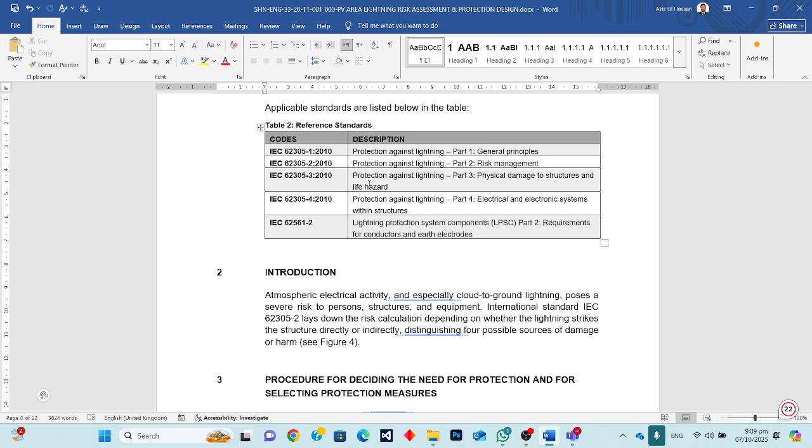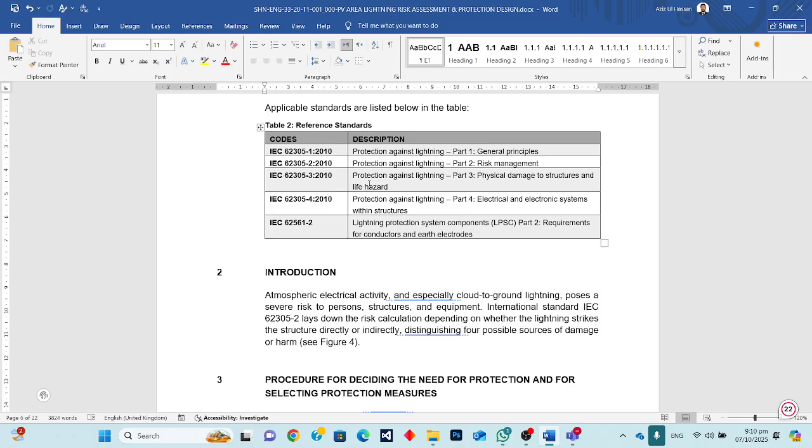So this IEC standard 62305-2 lays out how we calculate the risk assessment: what type of risk is present in the area where we are installing our electrical system and our solar power plant.